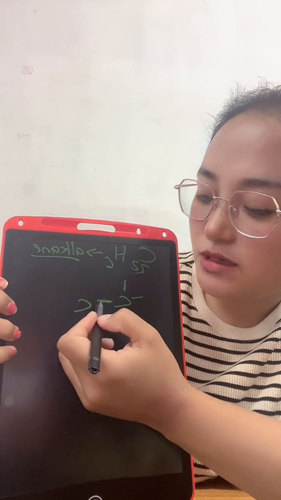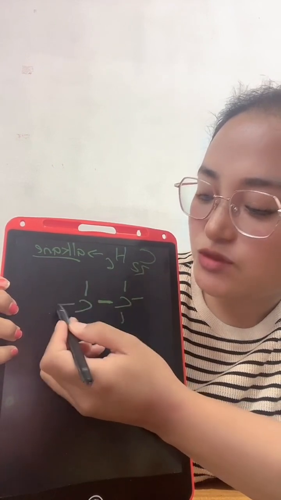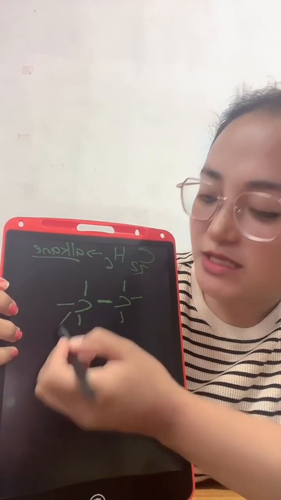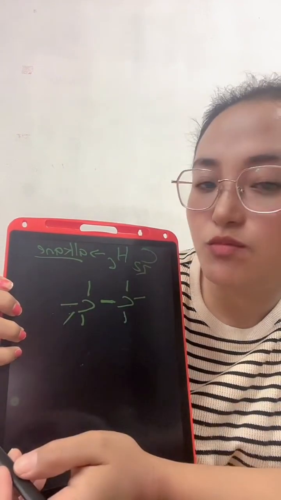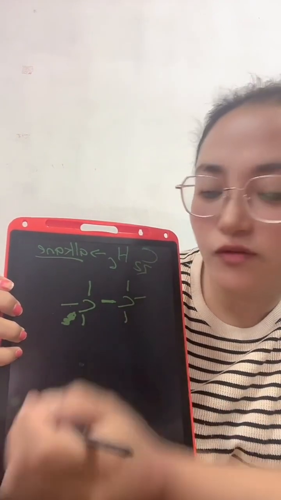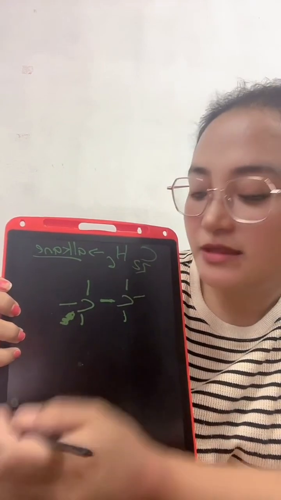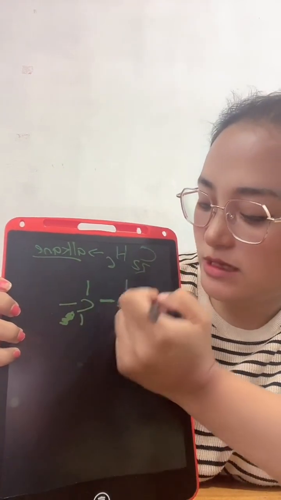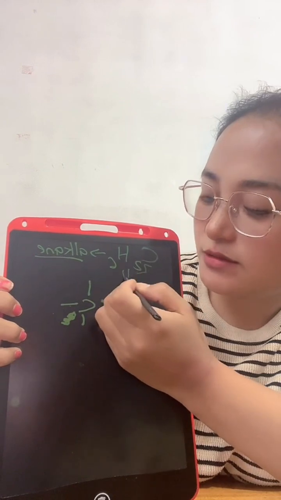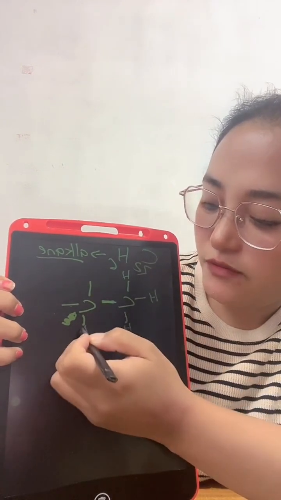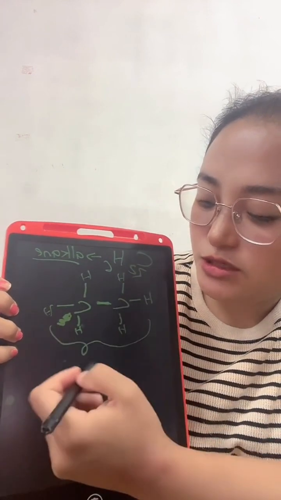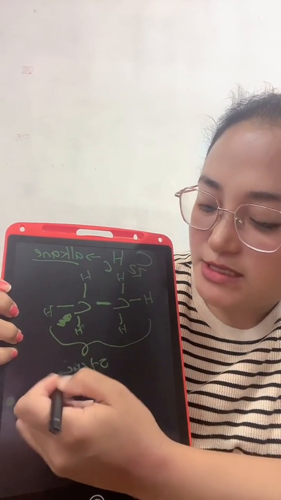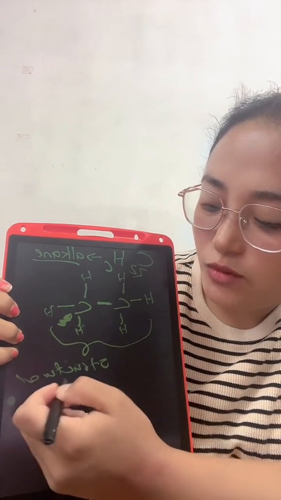This carbon already has one bond to the other carbon, so it needs 3 more. If you add one more here, carbon would have 5 bonds, which is impossible, because carbon has only 4 valency. Then add the 6 hydrogens, 1, 2, 3, 4, 5, 6. This representation is what we call the structural formula.